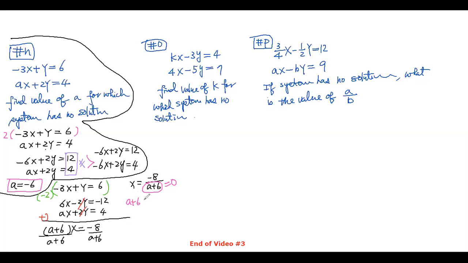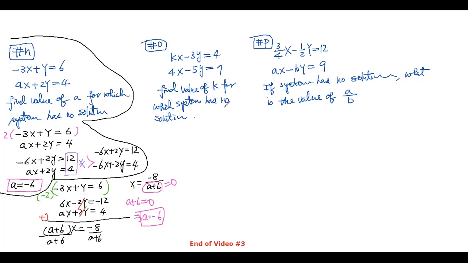That means a plus 6 equals 0. So what is a? Negative 6. So you can have two ways to solve it. Did you get that? Then you get the same answer, whichever way you like. Or you can match the constants, right?